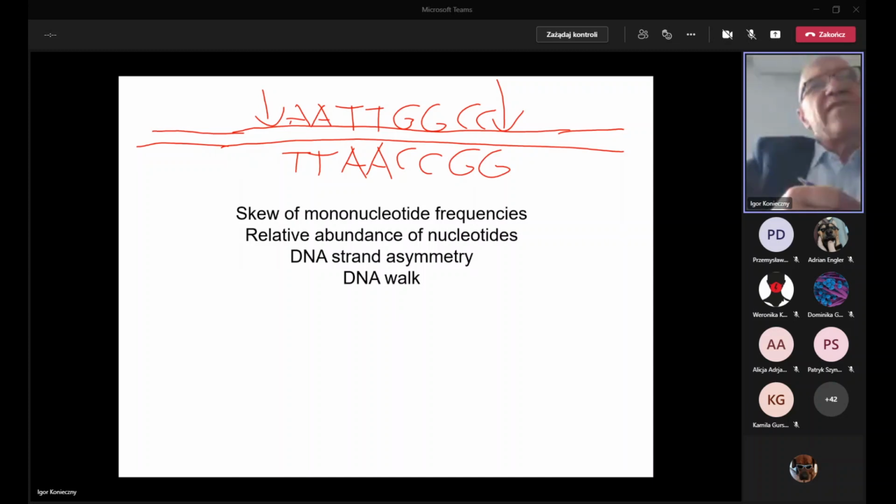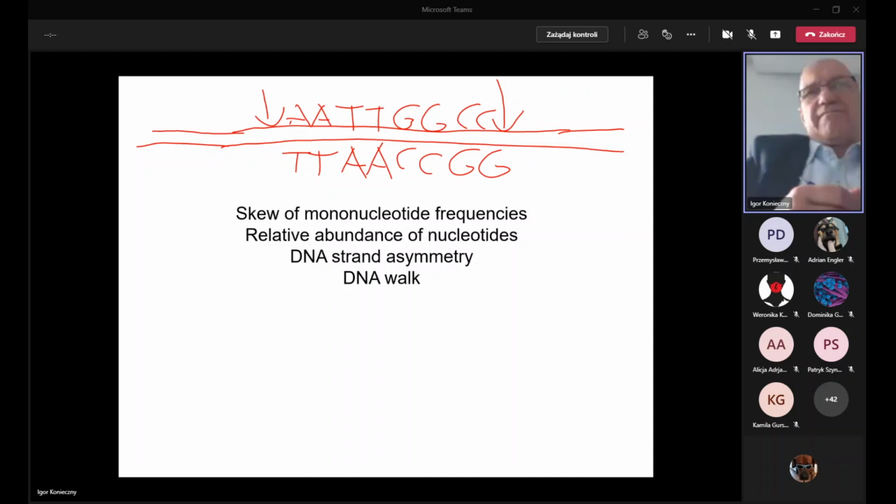Then, when you look at the number of A's on the top, T's on the top, G's on the top, and C's on the top, comparing to the bottom strand, it's equal. So there is no DNA strand asymmetry.